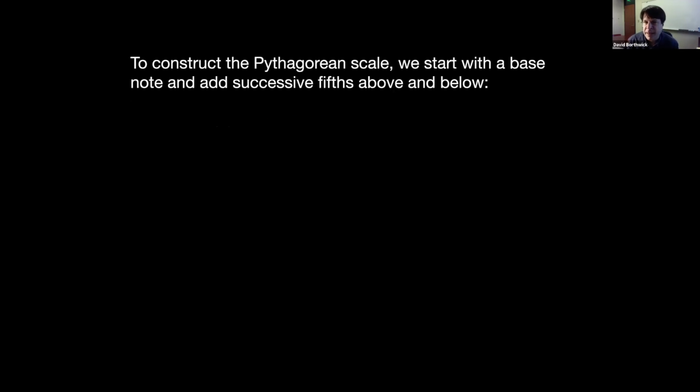So to construct the scale, you just start with the bass note, pick whatever note you like, and keep adding fifths. So there's a bass note D. I'm going to add a fifth below and a fifth above. And so on.